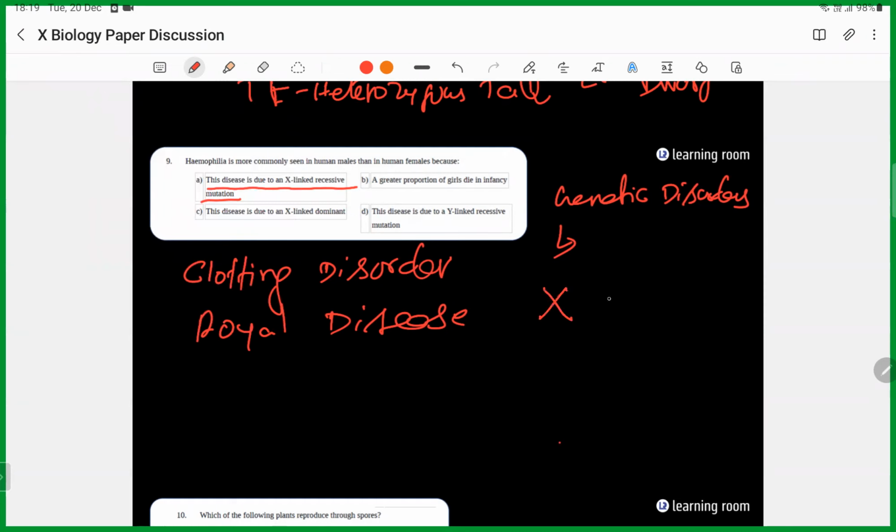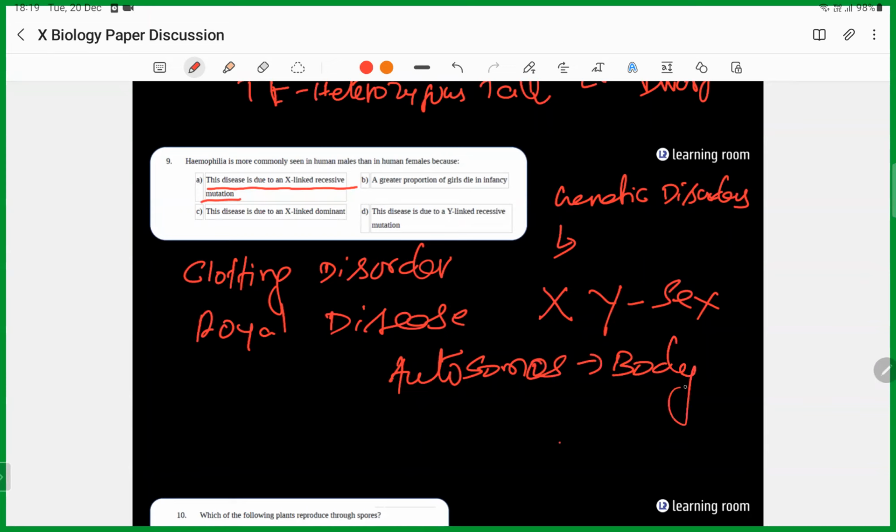We have sex chromosomes X and Y, and the rest of the chromosomes are called autosomes, the body chromosomes. The genetic disorders can be classified into autosomal, if the problem is connected with autosomes, or sex chromosomal, if it is connected with sex chromosomes.